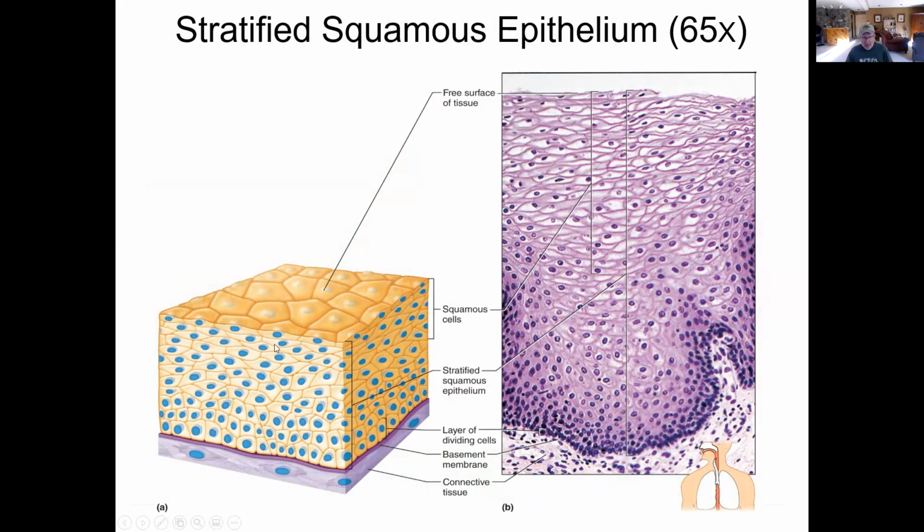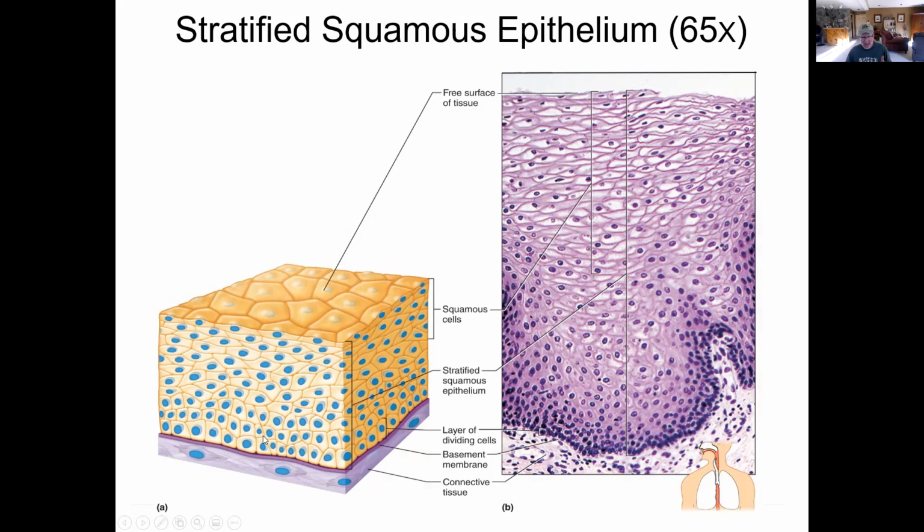I will note that as you get closer to the free surface, which is up here, the cells take on a more characteristic fried egg in a pan sort of appearance, while those closer to the basement membrane may look less flattened. I would not call these cuboidal, however. These are all squamous, but they're less flattened here toward the basement membrane.